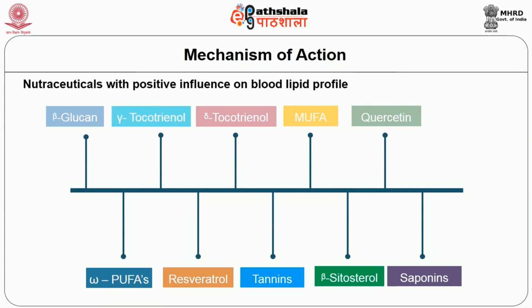Next one is the tocotrienol and also the monounsaturated fatty acids, the omega polyunsaturated fatty acids, and resveratrol present in grapes, quercetin, tannins. All these have a positive influence on blood lipid profile, or they help in reducing the unwanted or the bad lipids in our body.